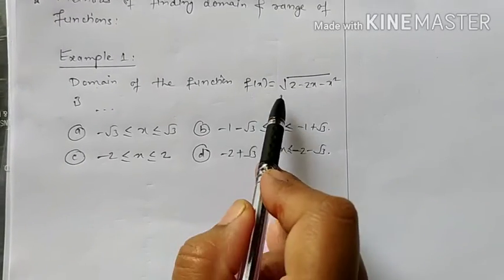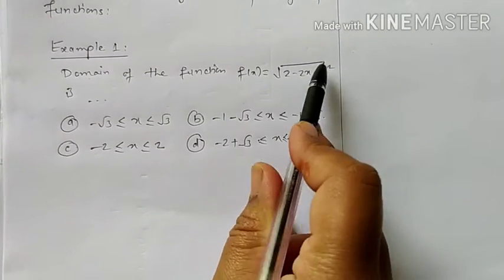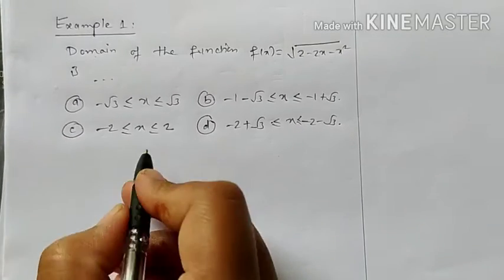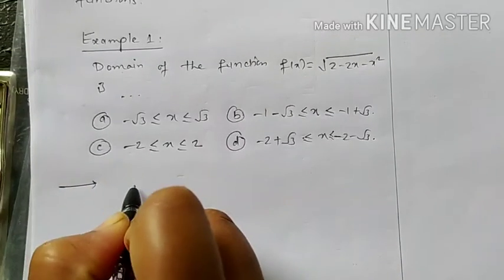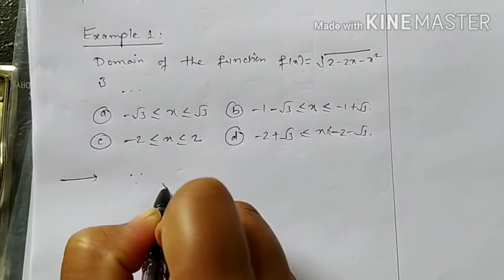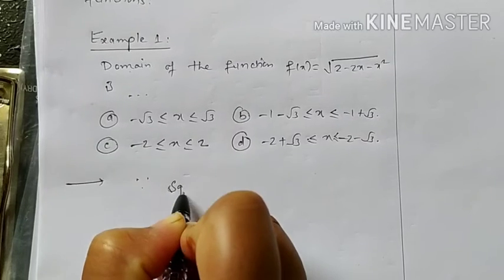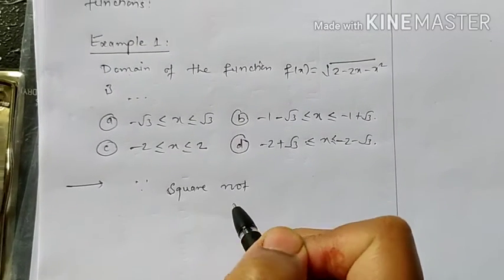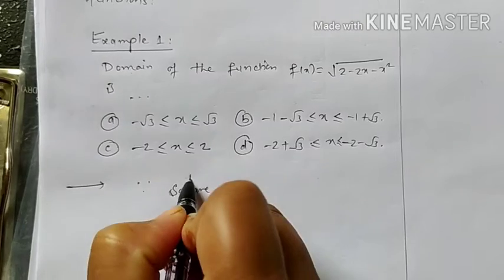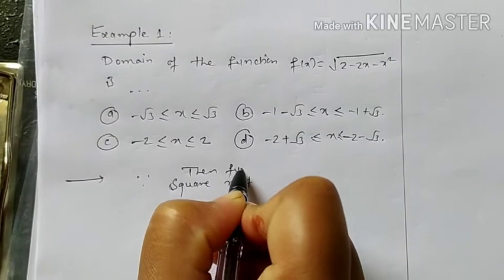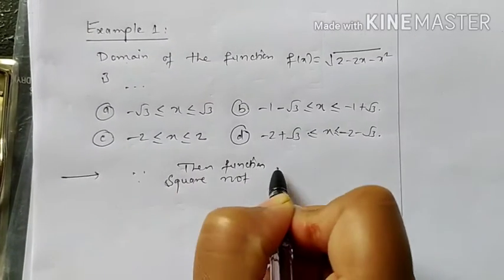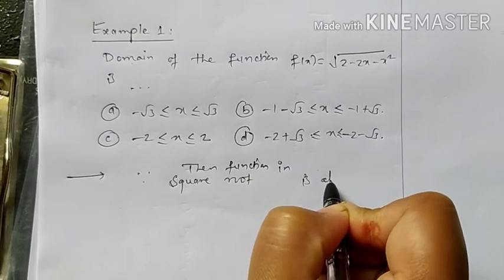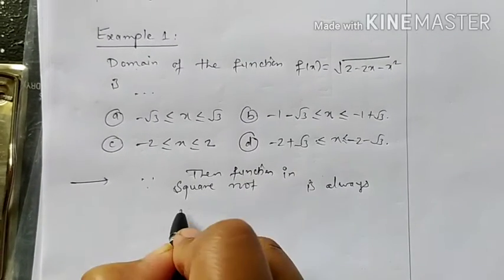when the function is there in the square root, that time the quantity in the square root is always non-negative.